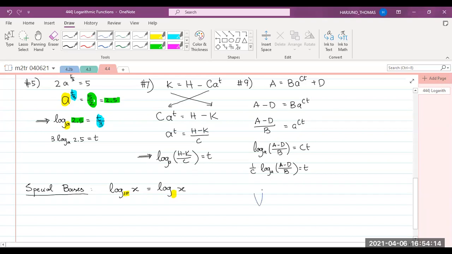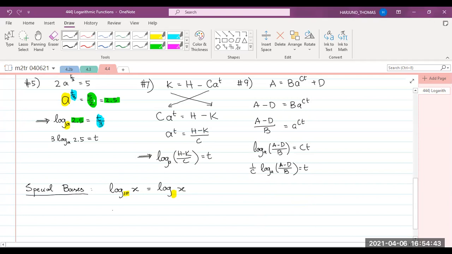Just like square root of x. If you don't write the index 2, we understand that as square root. If it is cube root, you have to write the 3, right? But if you don't write the 3, that means square root. That kind of convention. So going back to the log, if you don't write the base, then it is base 10.